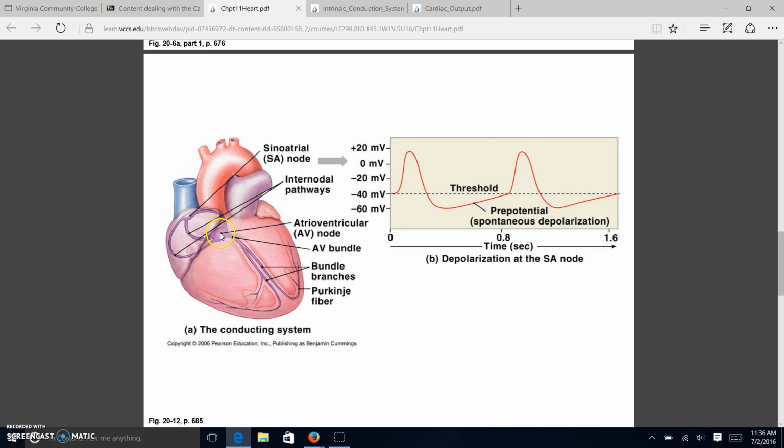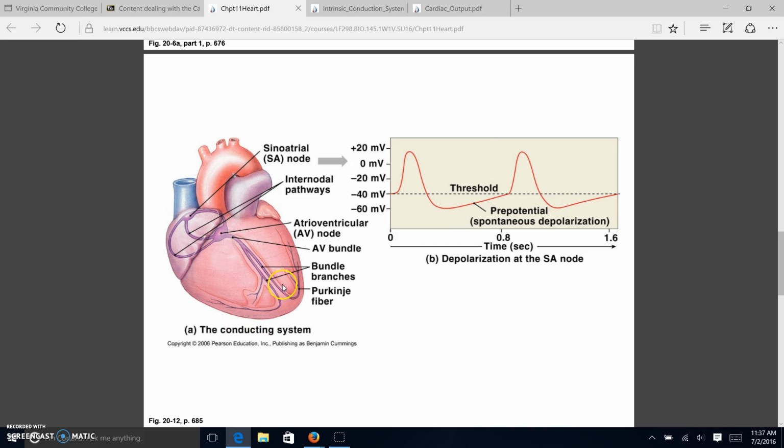Okay, now the signal again starts at the SA node, goes through the internodal pathways, goes to the AV node. Then there's actually an important delay in the signal that occurs at the AV node. And after that extremely short but important delay, the signal goes into the AV bundle, where it then runs down the interventricular septum and through the pathway of these areas called bundle branches, which notice I have a bundle branch that basically runs down the septum towards the right side of the heart.